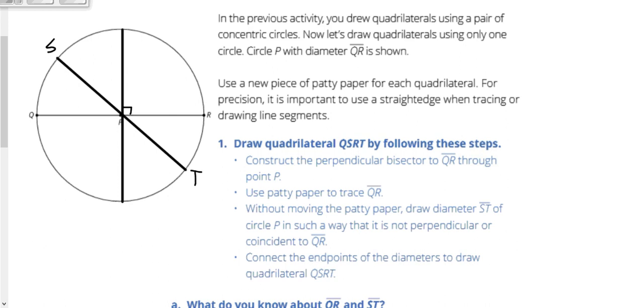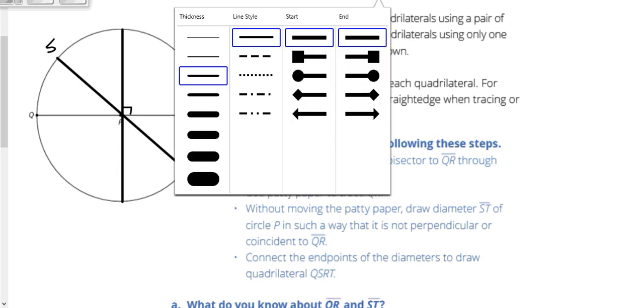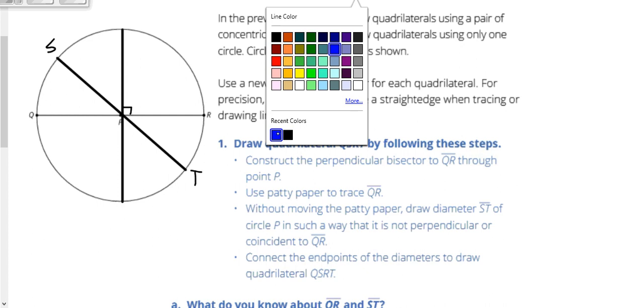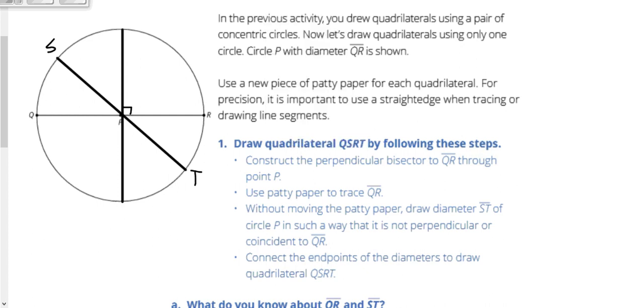Do that with a straight edge, please. So QS, connect SR, RT, and QT. So you're going to connect those. So now we have QSRT, a quadrilateral.